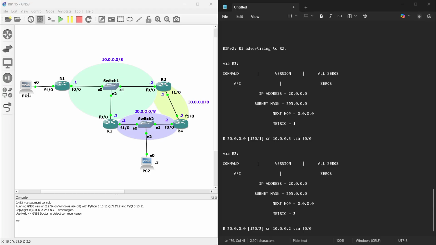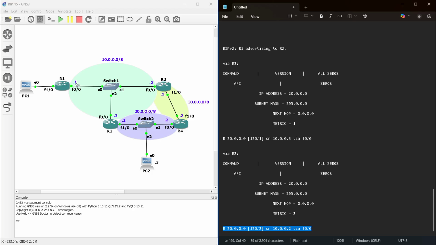And now PC1 wants to communicate with PC2. Before, the path was via R3. Now the best path we have is via R2. So this is what the output will look like. It is learning about the 20 network with a hop count of 2 via this path on this interface.